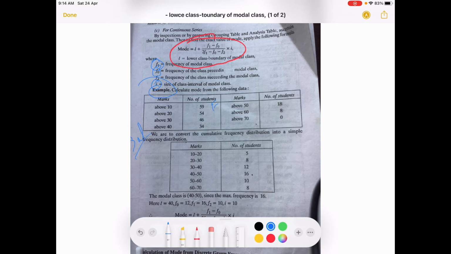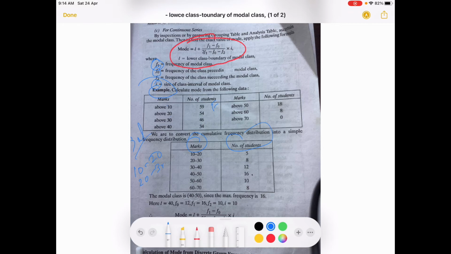These things you have to convert into class boundaries. First you have to write 10 to 20, 20 to 30, 30 to 40, 40 to 50, 50 to 60, 60 to 70. In the distance of 10 you have to change this.